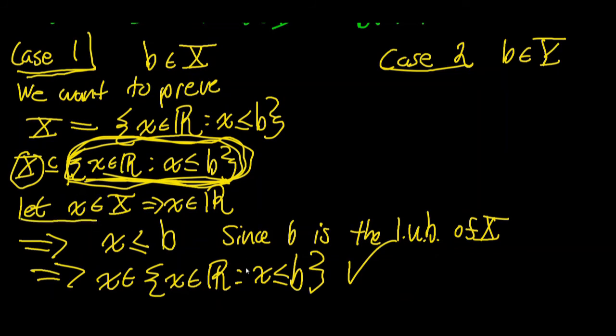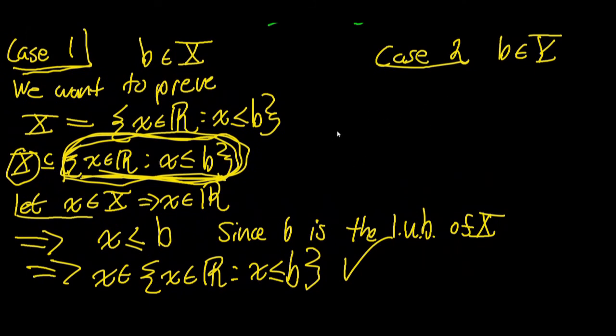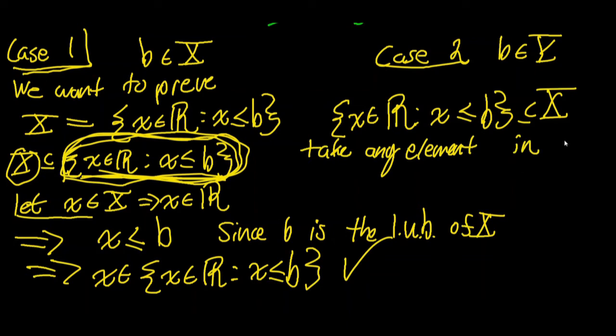So let's prove the other way, where we need to prove that this set, all x in R such that x is less than or equal to b, is a subset of X. Well, to prove this, we're going to take any element in this left-hand side set.